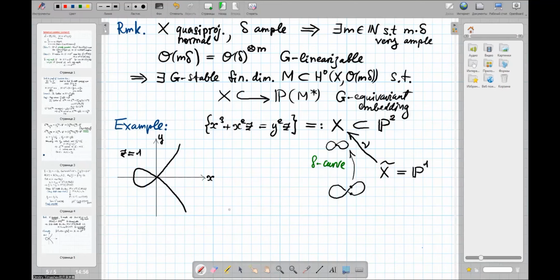Now, we have an action of the multiplicative group, let G be K star, acting on the projective line in an obvious way. So a point with projective coordinates, say U0 and U1, is mapped by an element T, which is a multiplicative parameter on this group, to the point with projective coordinates U0 and T U1.